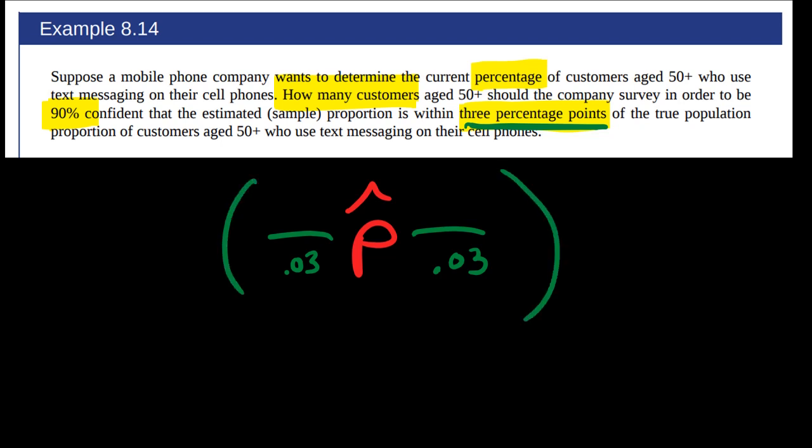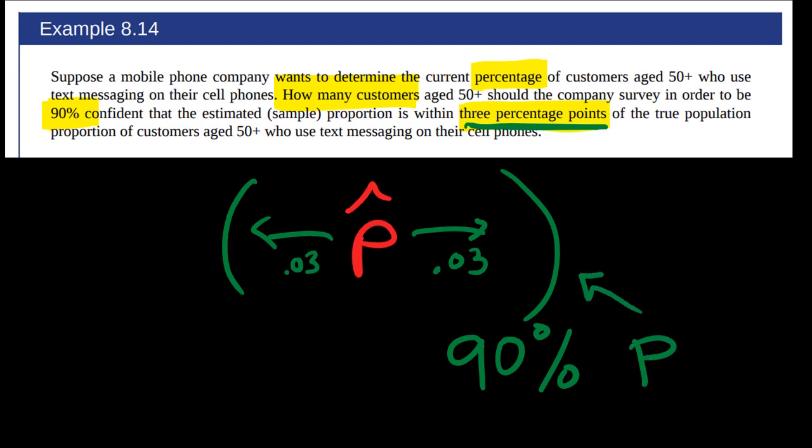To either side, and they construct an interval. They want to be 90% confident that the population proportion P is somewhere inside of that interval, okay? So, how many people should they sample to have that 90% confidence? Okay, that's what we need to figure out. So let me scroll down.